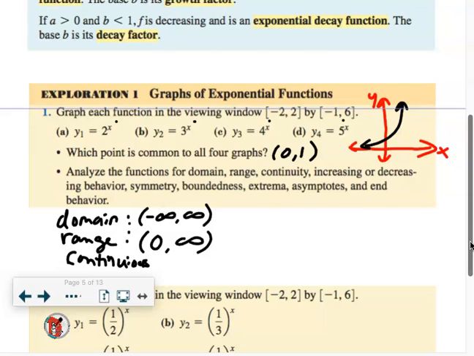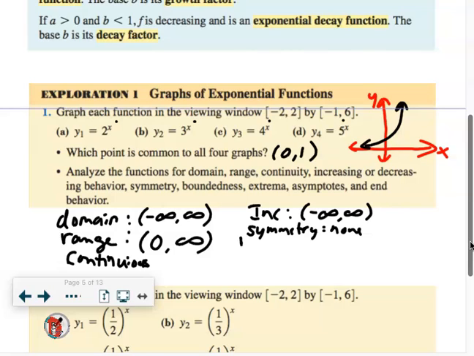Well, this is exponential growth, so it's always increasing. So we'd say it's increasing, and then we would give the interval over which it's increasing, which is the x's from negative infinity to infinity. Doesn't have any of that symmetry, that even or odd symmetry. In fact, doesn't have any symmetry, but we're supposed to just focus on even and odd.